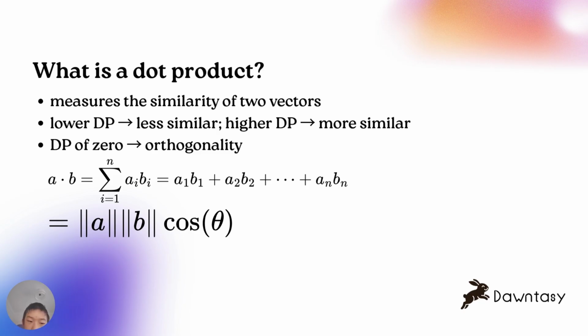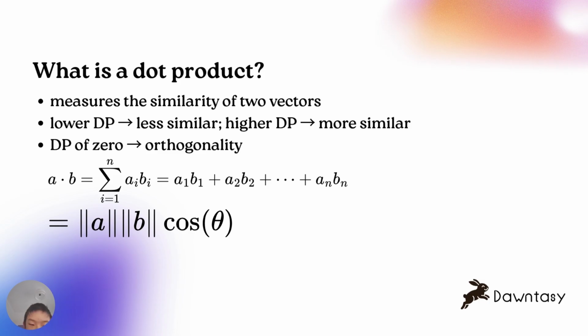What's a dot product? A dot product is a way of measuring how similar two vectors are, how aligned they are. It tells us whether they're facing in the same direction, or whether they are facing in opposite directions. So basically, a lower dot product means less similar, and a higher dot product means more similar.